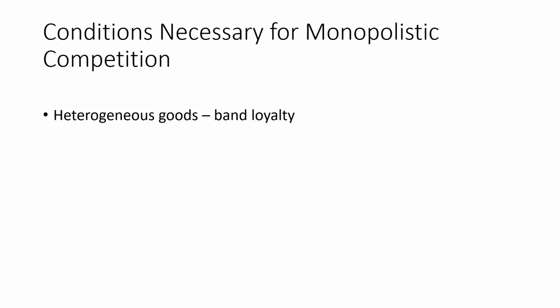It has heterogeneous goods. In the case of monopolistic competition, consumers now can tell the difference between a good produced by producer A and a good produced by producer B, and now that difference matters.